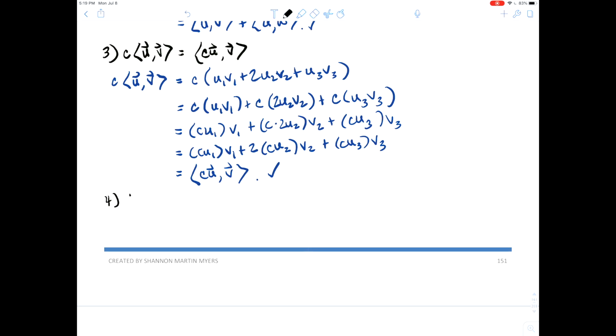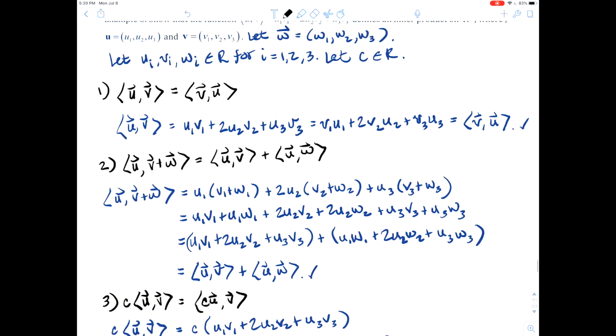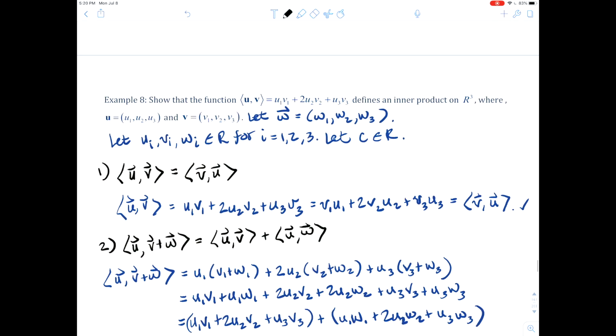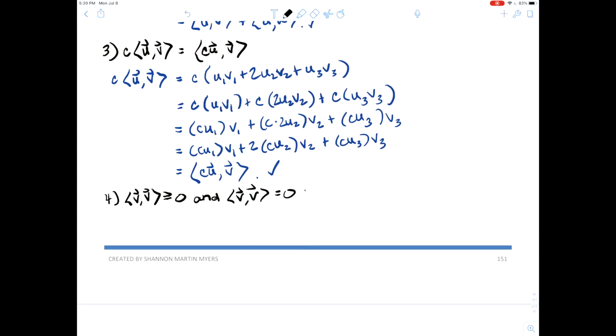Remember that the inner product of v with itself is greater than or equal to 0, and the inner product of v with itself equals 0 if and only if v is equal to the 0 vector.